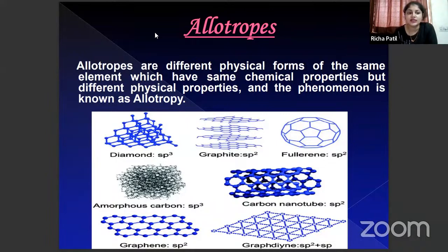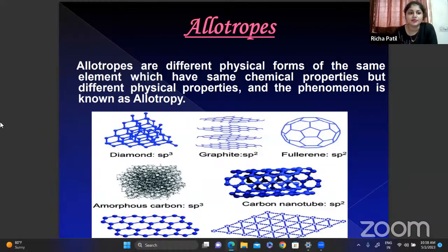So these are said to be allotropic forms. Which are the different allotropes? Diamond, graphite, fullerene, then amorphous carbon and carbon nanotube. So these are the allotropes of carbon.